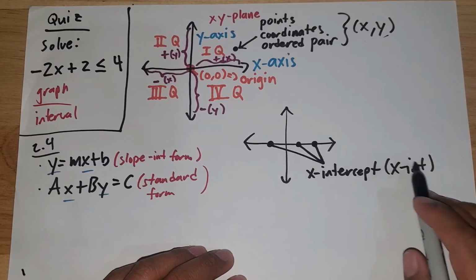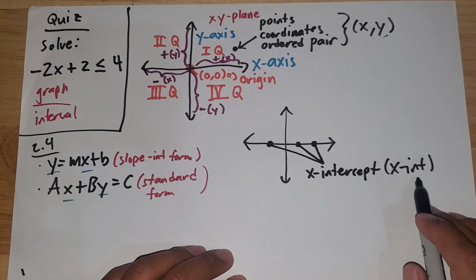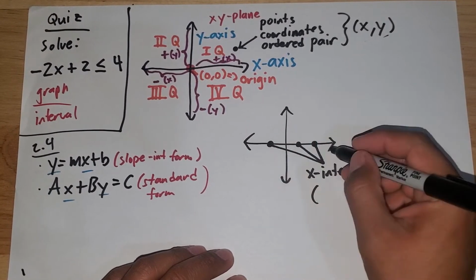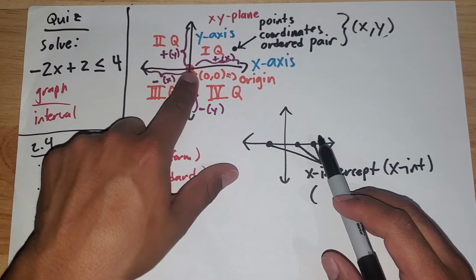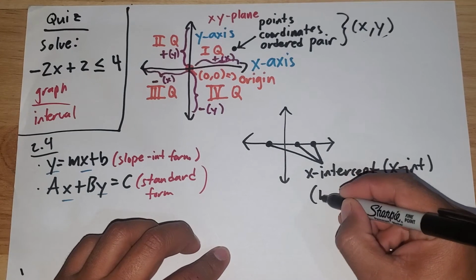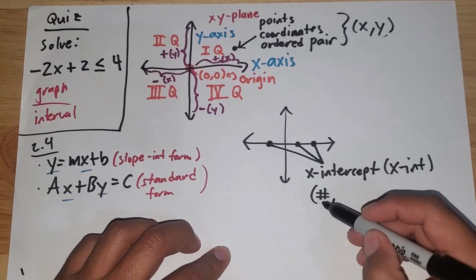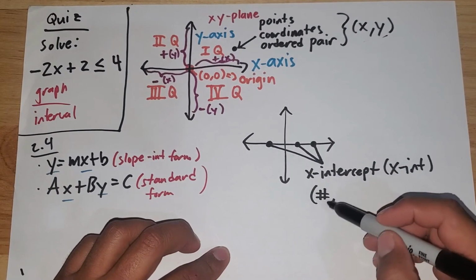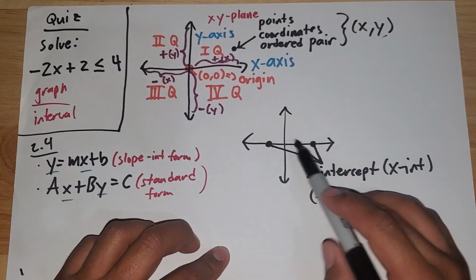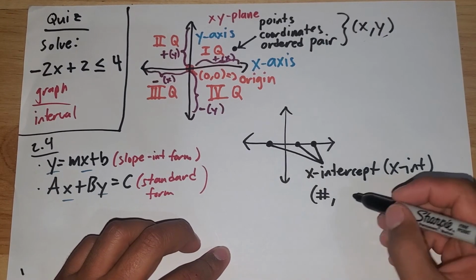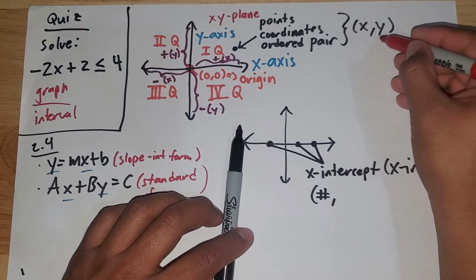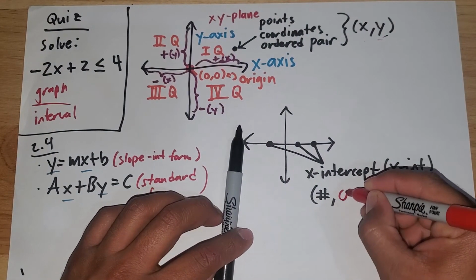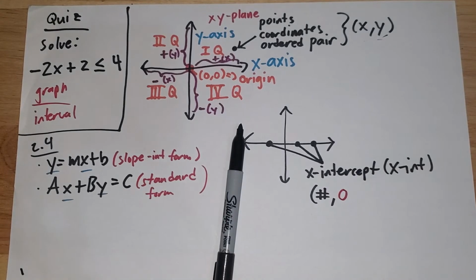And what all the x-intercepts have in common is that, remember how I said this is the positive axis, this would be the negative axis. All of these have some number for the x-coordinate. It might be on the positive side, it may be on the negative side. But something that they all have in common is that their y-coordinate is always 0.